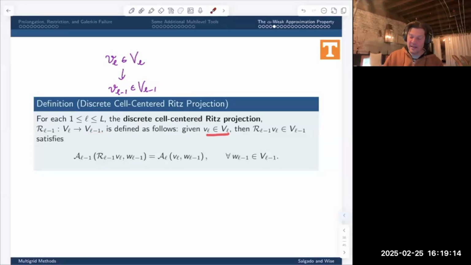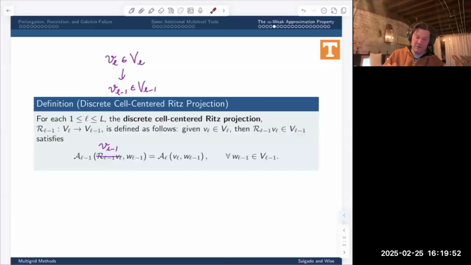Given VL in capital VL, this object, which I'm trying to define, is the unique object which satisfies the following property. There's a unique object which does this. I can give it a name. If you don't like that something complicated looking, I could just give it the name VL minus 1, and replace that object with that single function in this piecewise constant space.